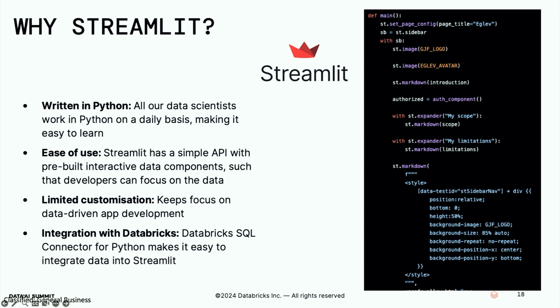So when users develop a web app, you can quickly get lost in trying to optimize which color to use or how your components should look. When the possibilities for customization are limited, you avoid distractions. And finally, integration with Databricks was very easy because we can just use the Databricks SQL connector for Python to set up the connections and quickly get our data.